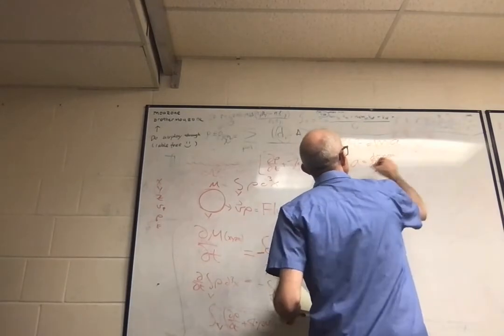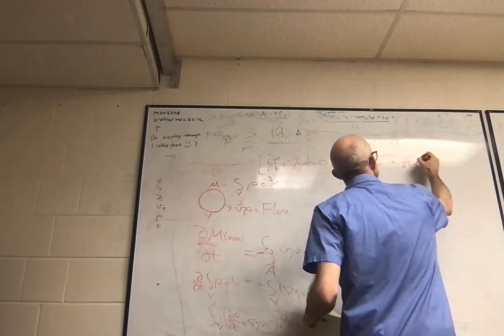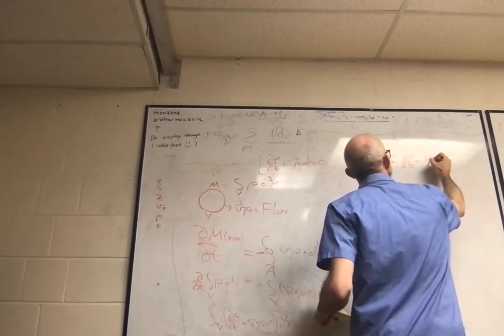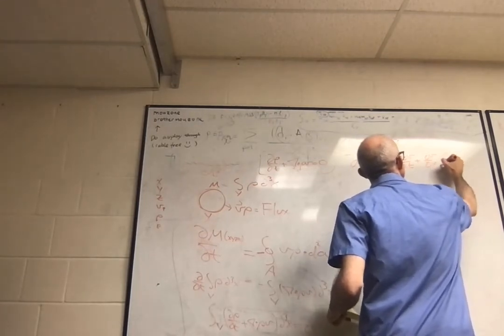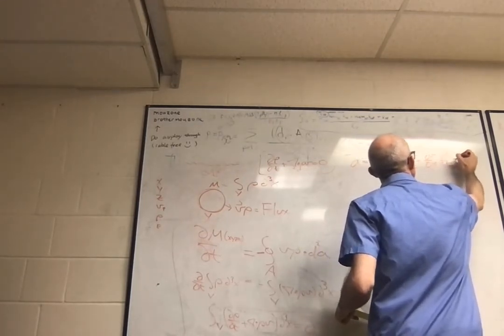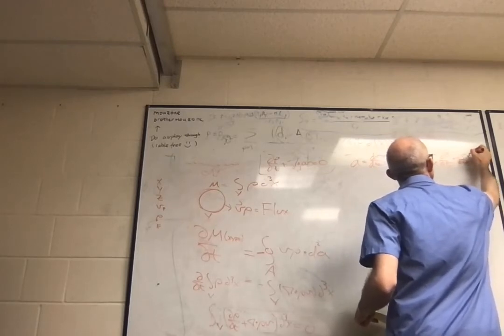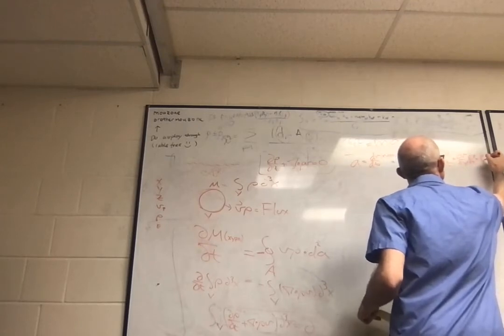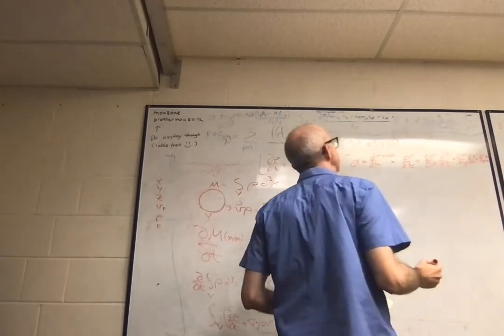So the full derivative is partial v partial t plus partial v partial x dx dt plus partial v partial y dy dt plus partial v partial z dz dt.